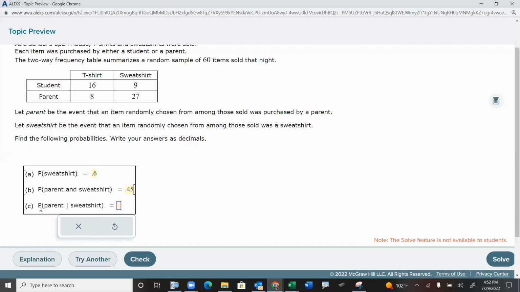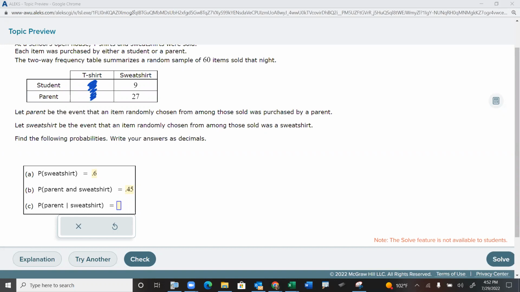Last one is probability that out of these 60 elements, you pick a parent given that a sweatshirt was chosen. So in other words, we know we're looking at sweatshirts. So we are not worrying about t-shirts.